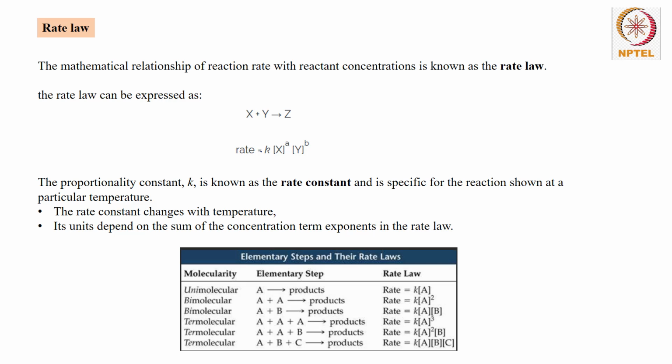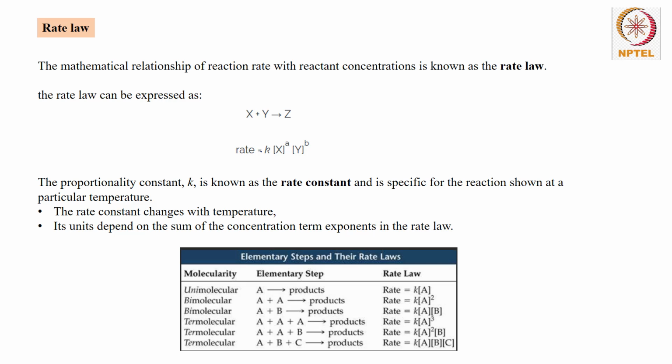So rate law is a mathematical relationship between the rate and its reactant concentration. Suppose a reaction x plus y gives z. What will be the rate of the reaction? The rate will depend upon the reactants x and y, as we discussed in case of SN1 and SN2: whichever reactants are involved in the rate determining step, the rate of the reaction depends on the concentration of those substrates.